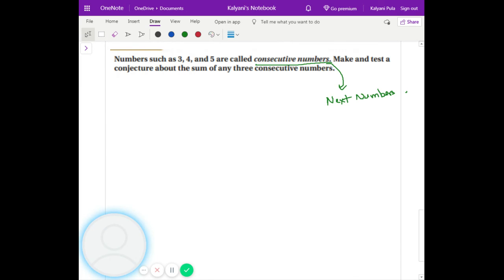3 plus 4 plus 5 is an even number, or the sum is an even number. Okay, that's a good observation. What else do you think? It is a number. 3 plus 4, it's a number. That's true.